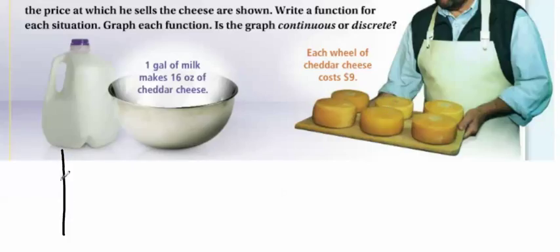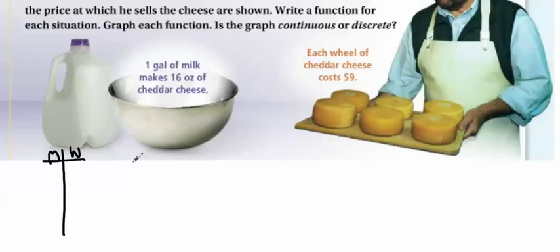So if I just go right here and make something, in this case, 1 gallon of milk makes 16 ounces. I'm going to use M for milk, and I'm going to say W for the cheddar cheese, right?